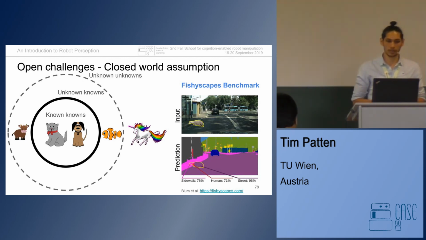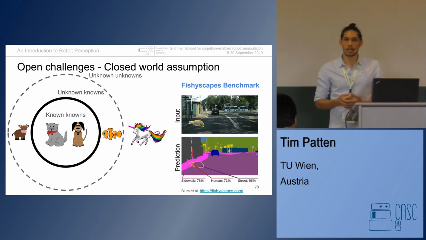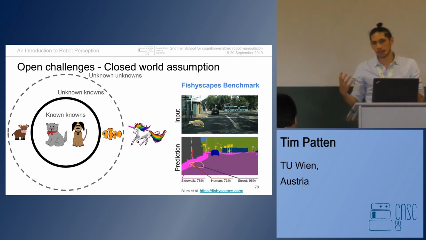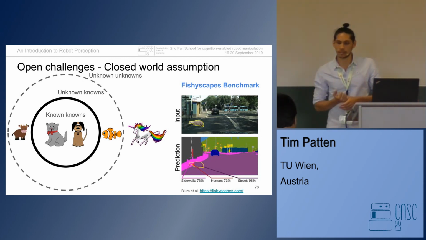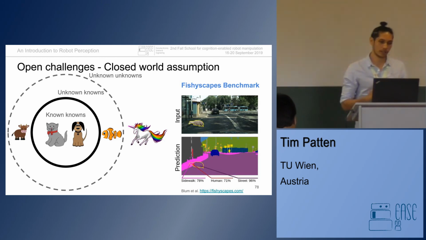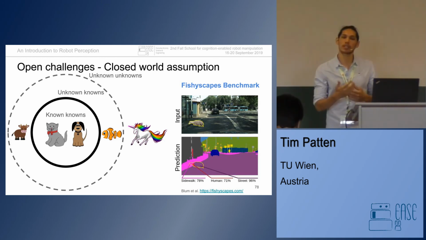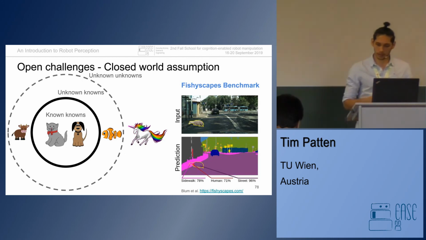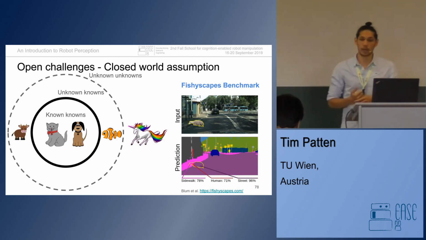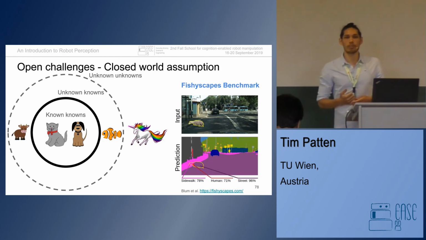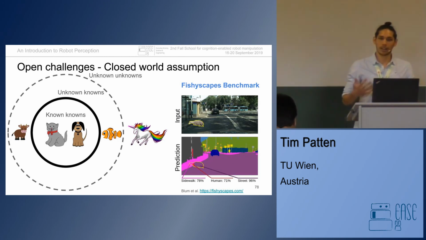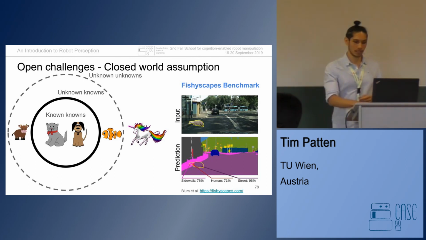There are also unknown objects, but if we know about them, it makes the task slightly easier. So if we know that our model is trained on cats and dogs, but we know it's not trained on cows and fish, okay, there are some methods to overcome this. But the real problem is how we deal with these unknown unknowns, when we don't know what our model is trained on and how to manage our predictions.